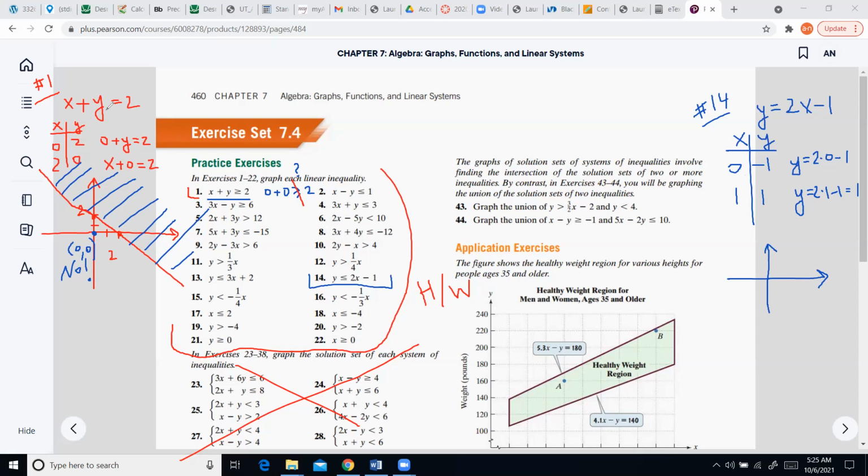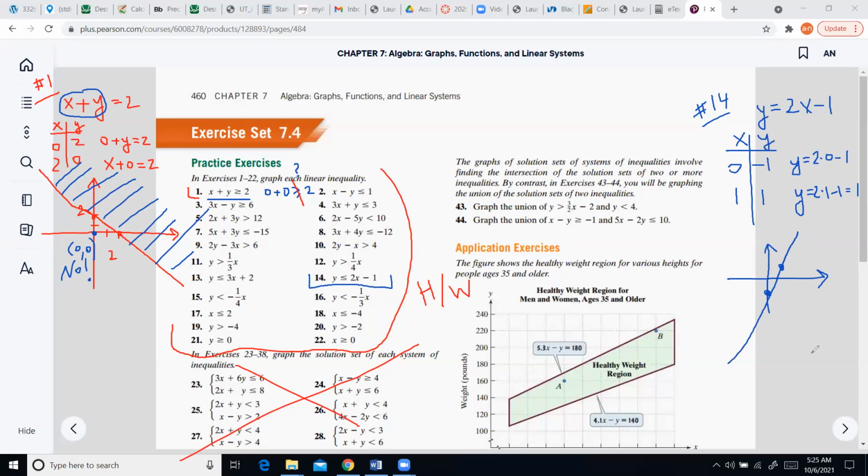But if both x and y are on the same side, then it's better to use zeros for x and y. But technically, it doesn't really matter because the graph of the line will be the same. So one point has coordinates 1, 1. The other point has coordinates 0 and -1, someplace here. And again, we have a solid line produced.